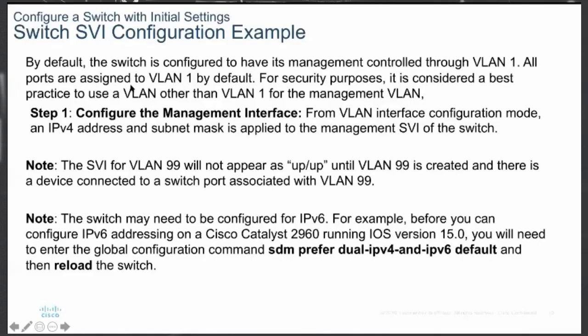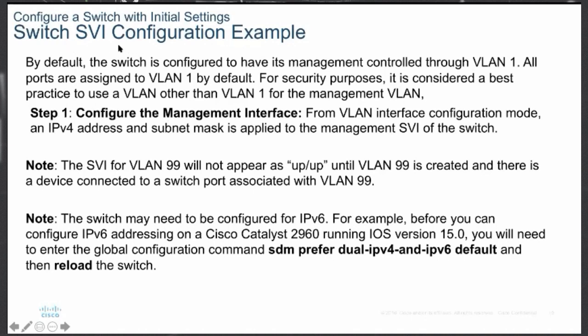So by default, we have seen that the management interface is VLAN 1. It's the management interface that is already there on the switch. But for security purposes, it's considered best practice not to use VLAN 1, but to use another management VLAN, or to create another management VLAN. I'll just show you in a minute how to create a new VLAN.